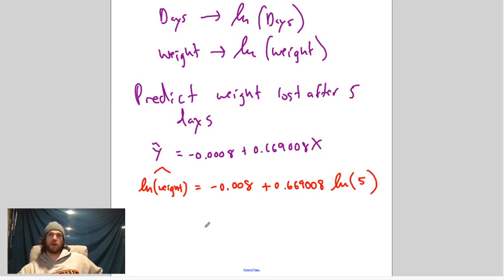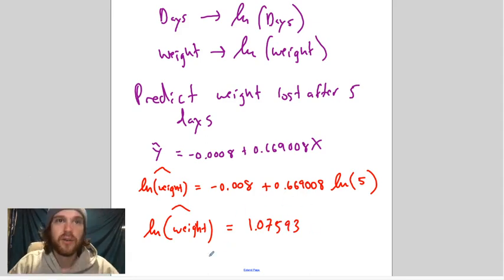So you plug in 5, you simplify this down, and when you do all this math, you end up getting that the predicted natural log of our weight is equal to 1.07593.